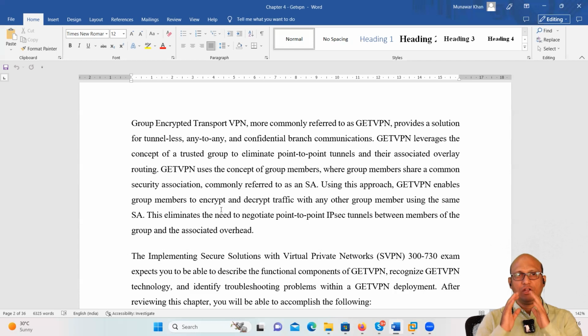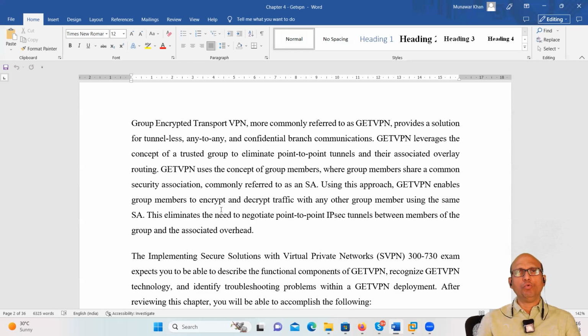So same way, when we are talking about group, see the term group. GETVPN uses the concept of group members, where group members share a common security association. That is why there is a term called SA. SA means security association between group members.